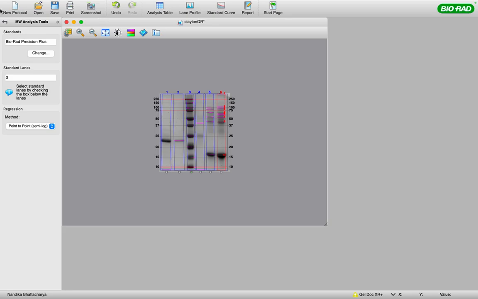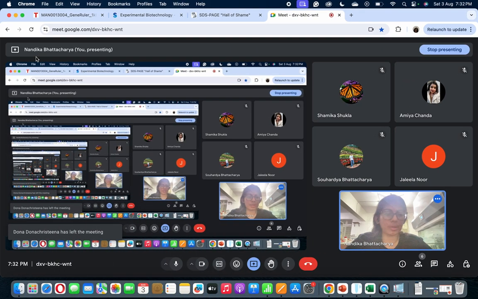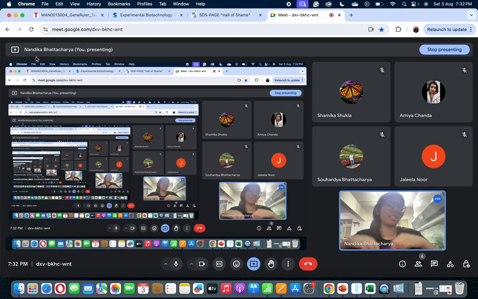Okay. What we can do now is go back to our agarose gel and see how it's doing. So it should have run by now. So I'll just take it out of the tank and we'll visualize it.